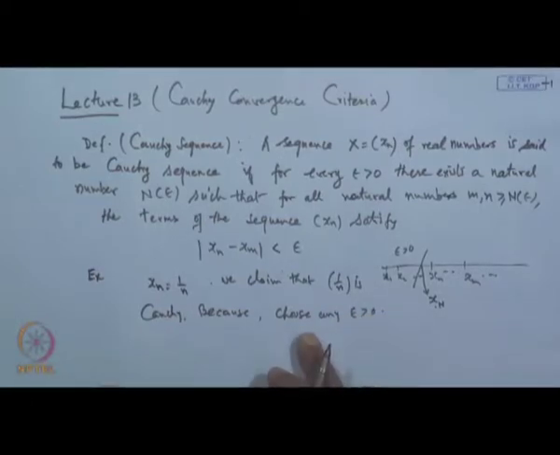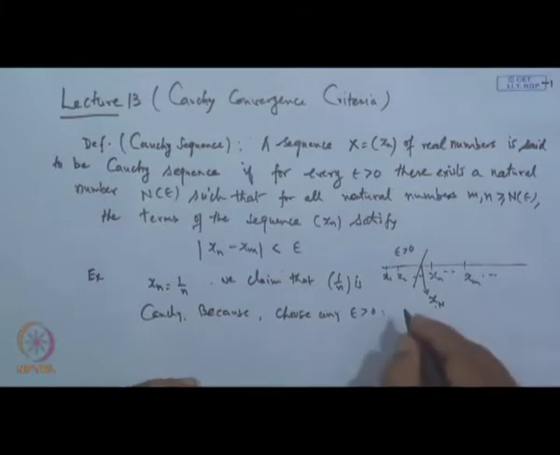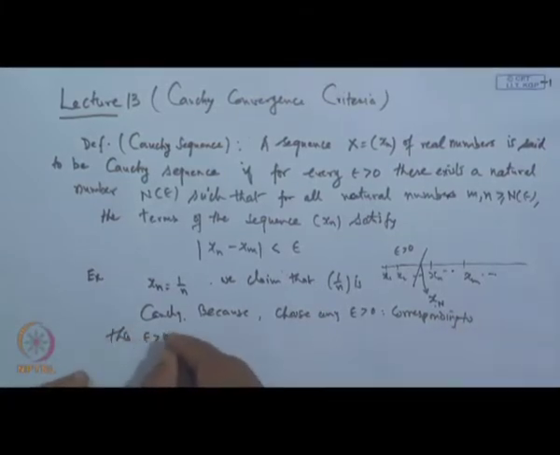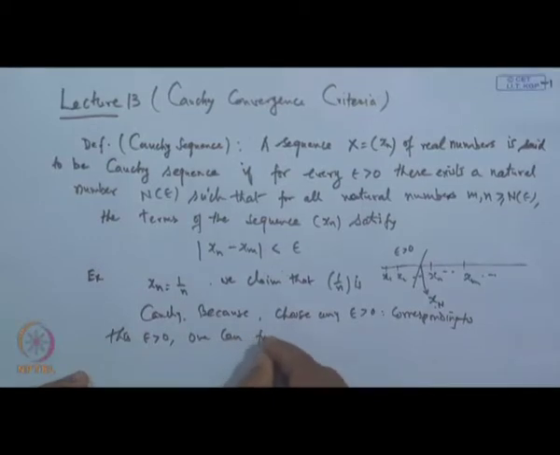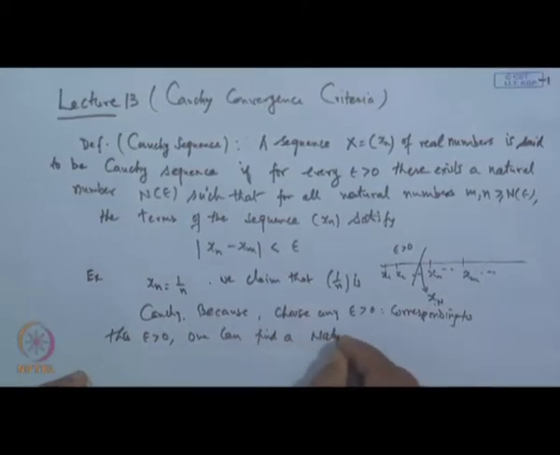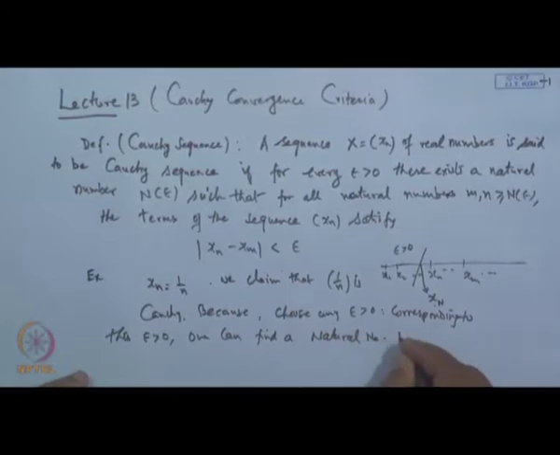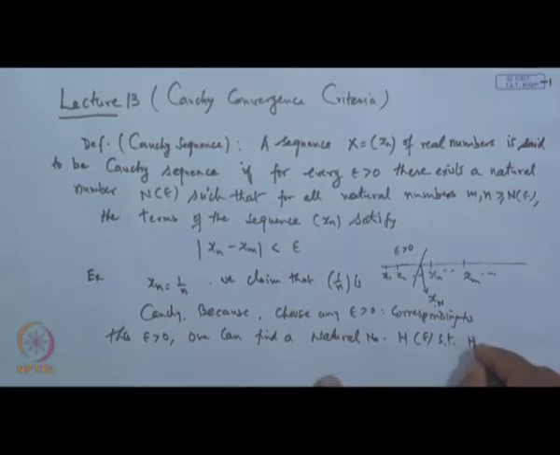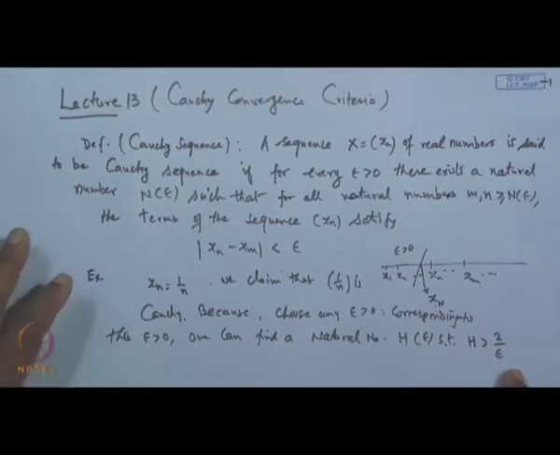Then corresponding to this epsilon, one can find a natural number, say capital H, which depends on epsilon, such that H is greater than 2 by epsilon. So, H will depend on epsilon, and we can choose a natural number which is greater than 2 by epsilon.